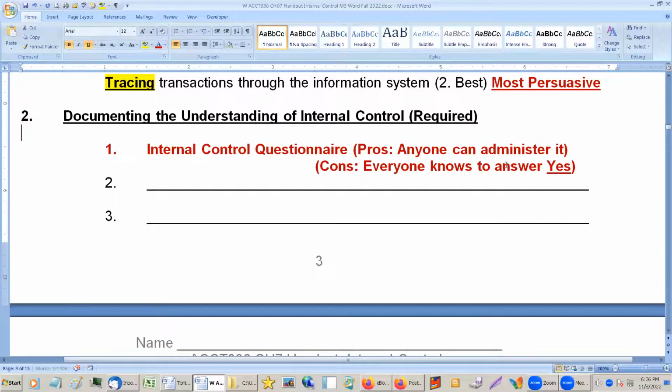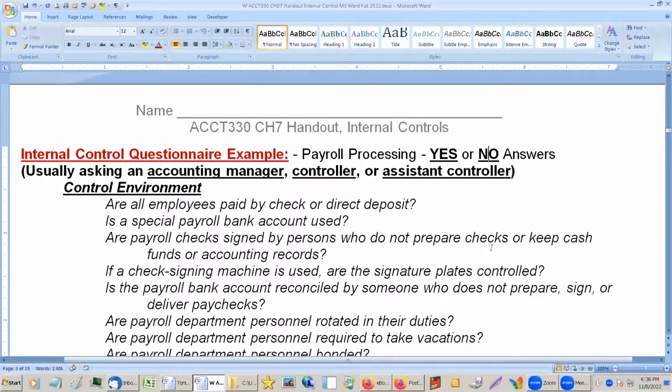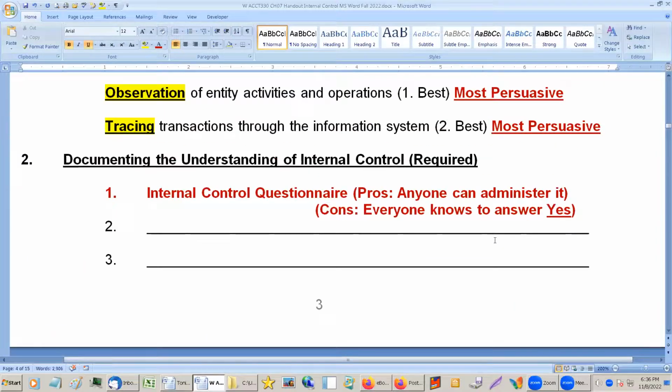And what I mean by that is, usually a yes means good and no means bad.